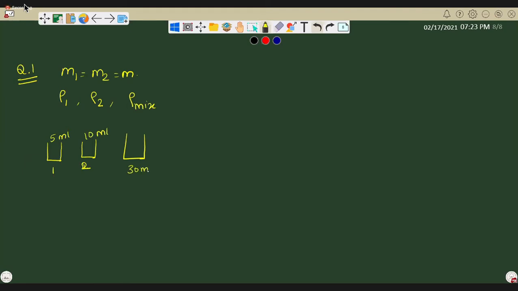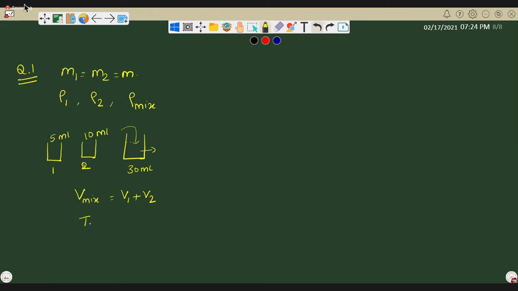When I pour these two liquids in, what is the volume now? 15 ml, which is V1 plus V2. So V of your mixture is nothing but V1 plus V2, right? Yes or no? Yes, sir. Correct.